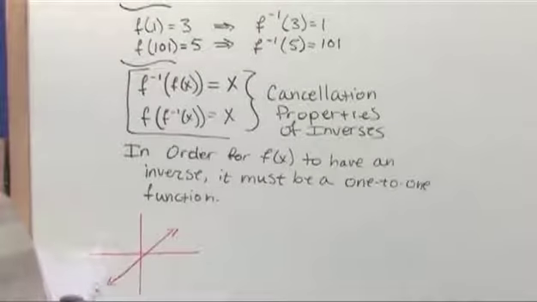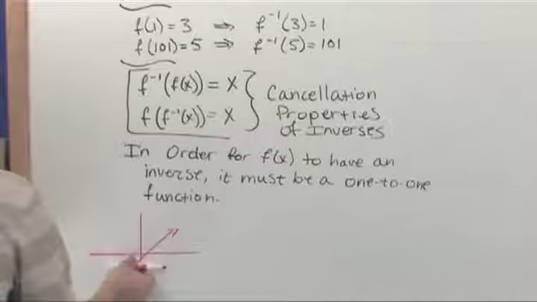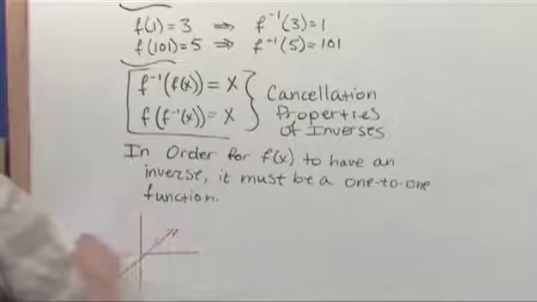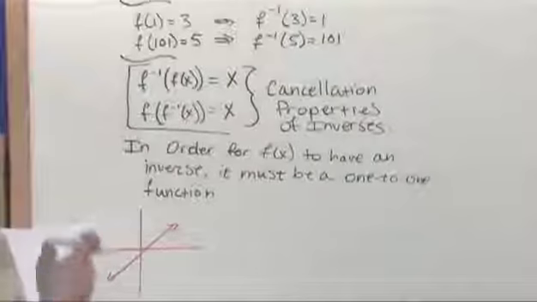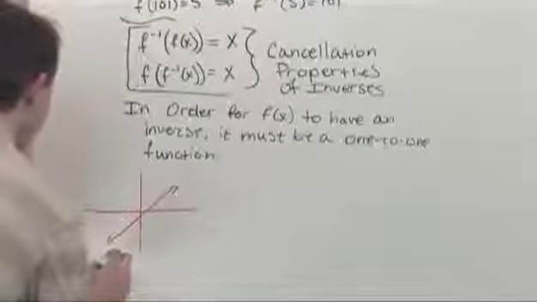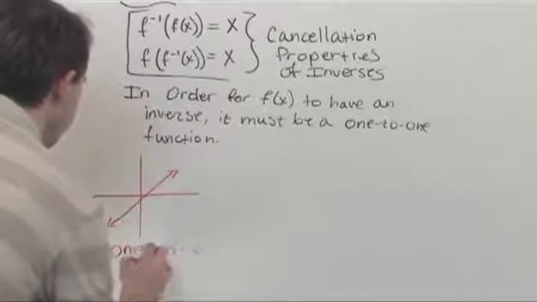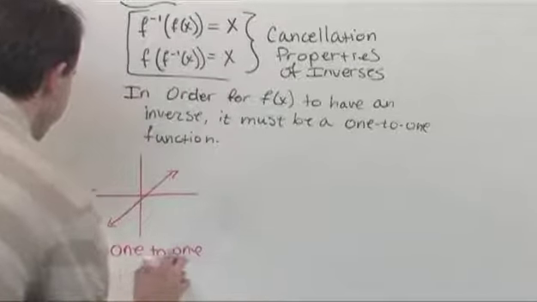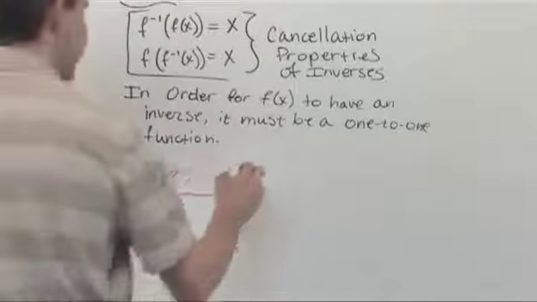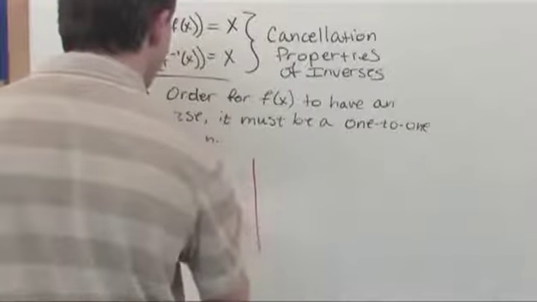So you know it's a function. The horizontal line test is basically when you run a horizontal line through like this. If you only cut the function in one place, then it's called one-to-one. So this is a one-to-one function.